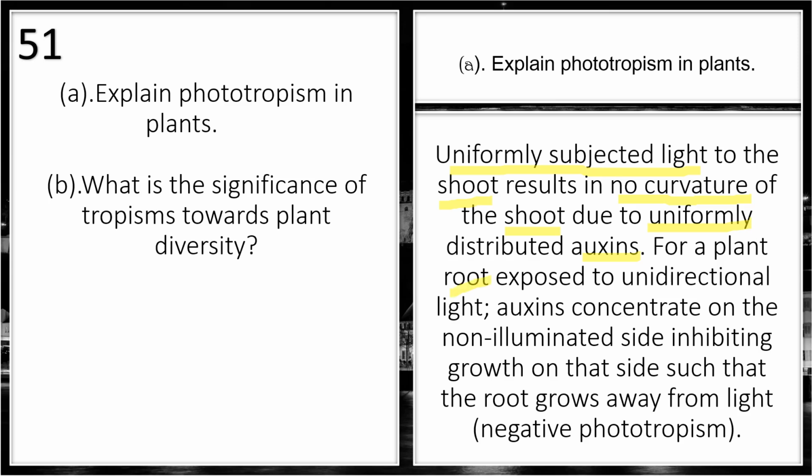For a plant root exposed to unidirectional light, auxins concentrate on the non-illuminated side, inhibiting growth on that side, such that the root grows away from light, which we call negative phototropism.